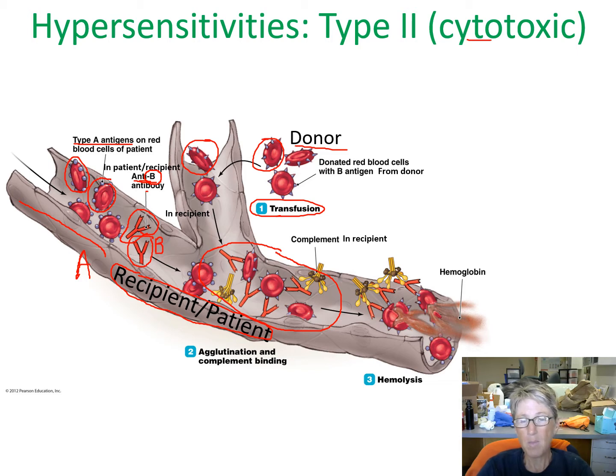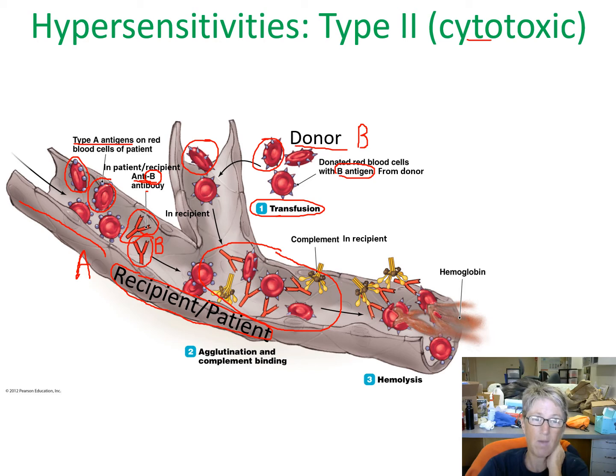Now, the mismatched donor is donating. The mismatched donor has B antigens on their red blood cells, so that makes them blood type B. And it doesn't show, but if you have B blood, that means you have B antigens on your red blood cells.